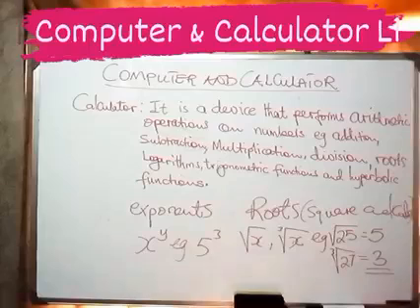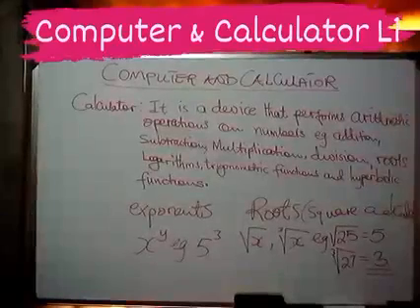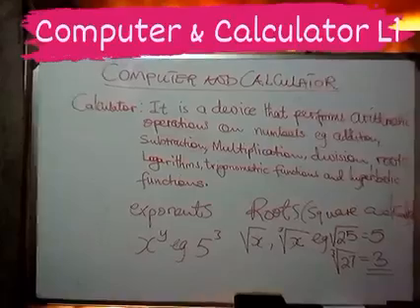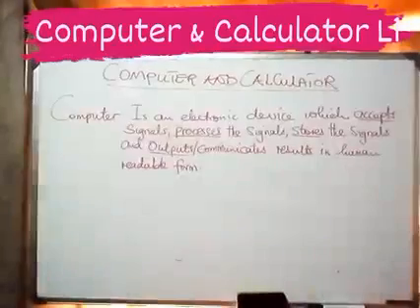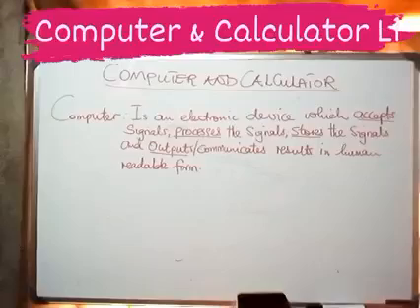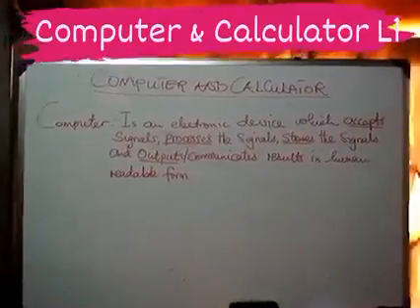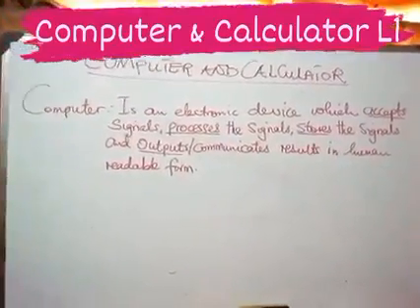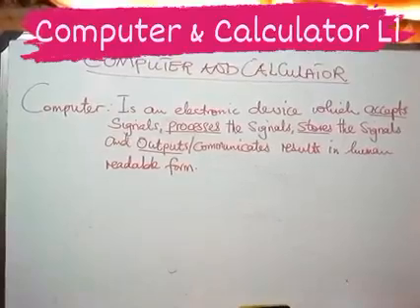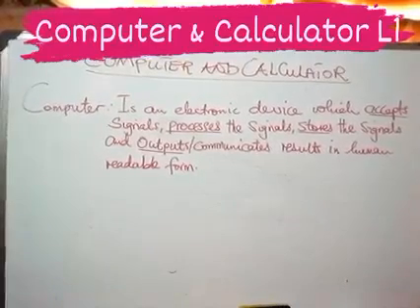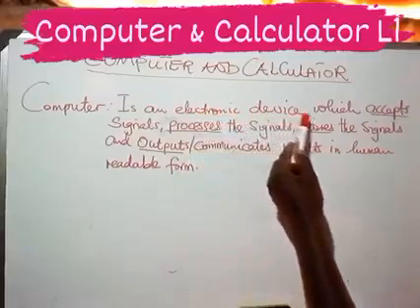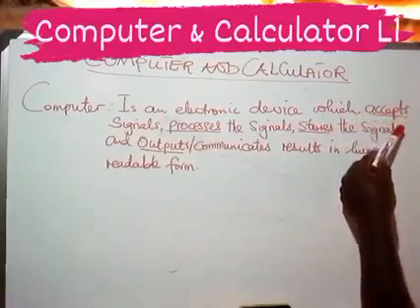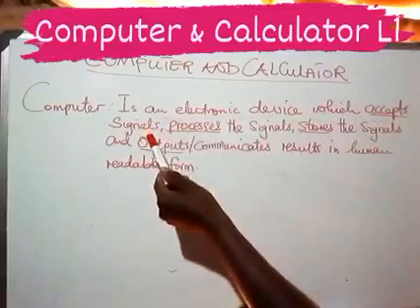Now let's go to the definition of a computer. Let us try to define what a computer is all about. We are defining it as an electronic device which accepts signals.